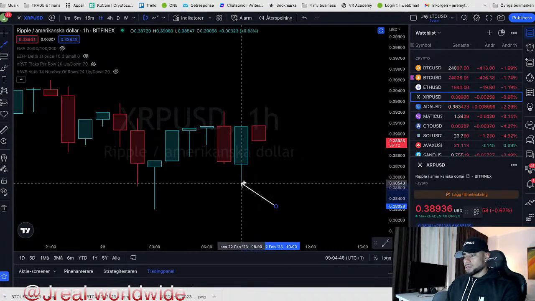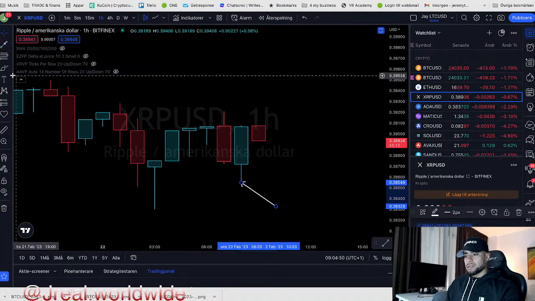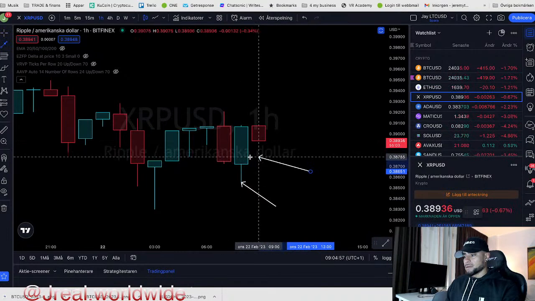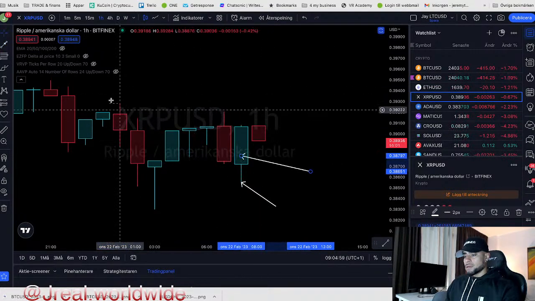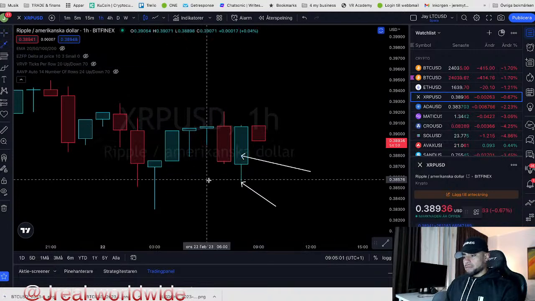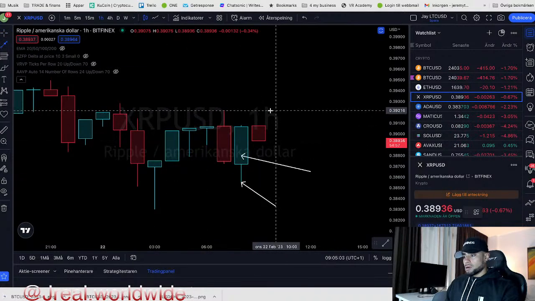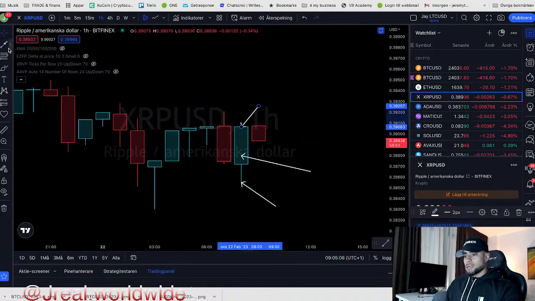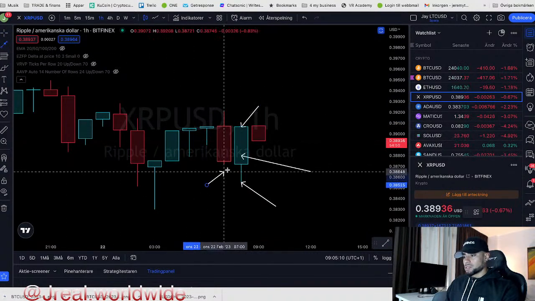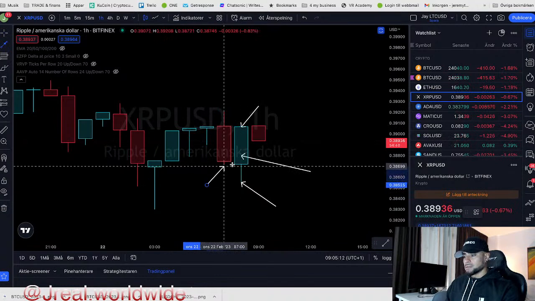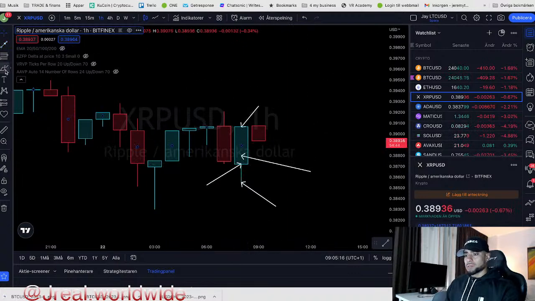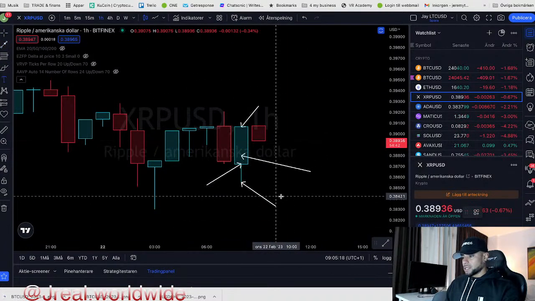So, wick, body, but then also you have opening and closing. I'm gonna type it all down so you see it nice and clear. Opening and closing. All right, let's type it down.